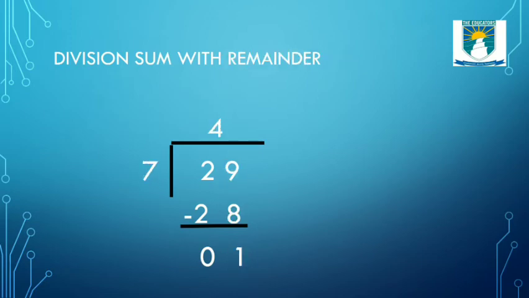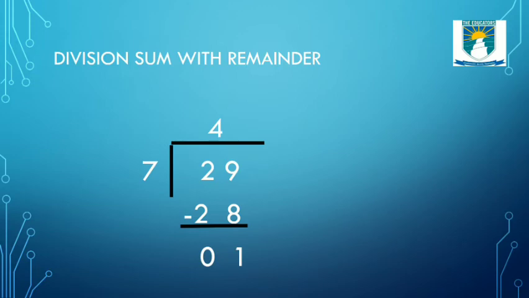Division sum with remainder. I am going to divide 29 by 7. I will write 29 inside the bar and 7 outside the bar. I will read 7 times table till I get 29 or less than 29 but nearest to 29. 4 times 7 is 28.